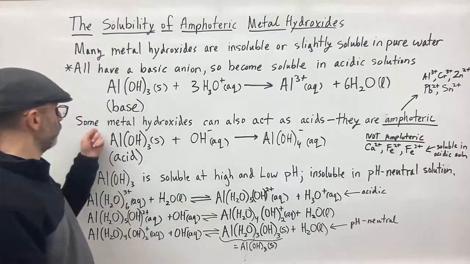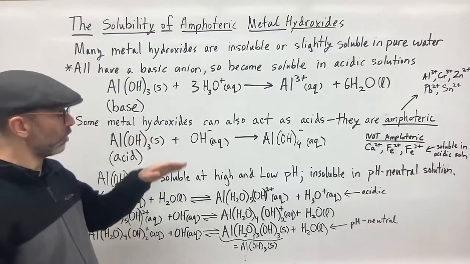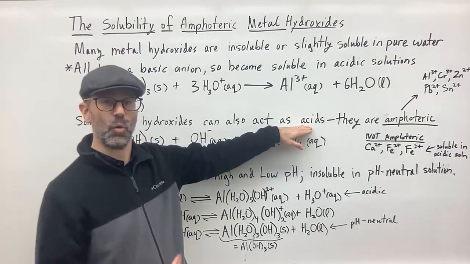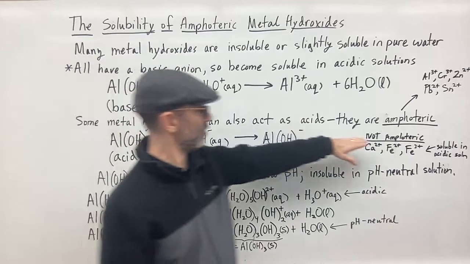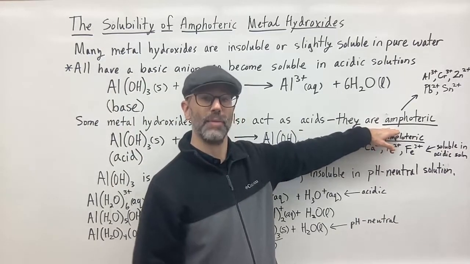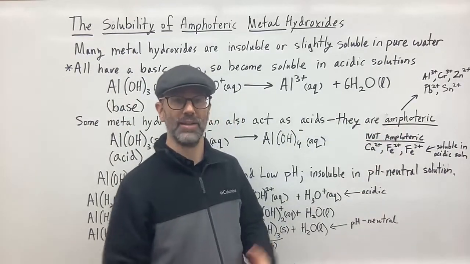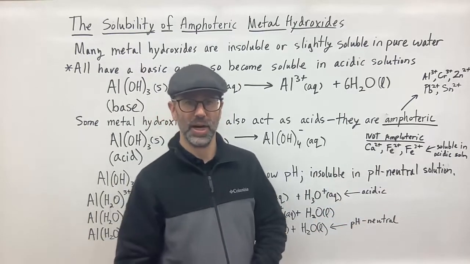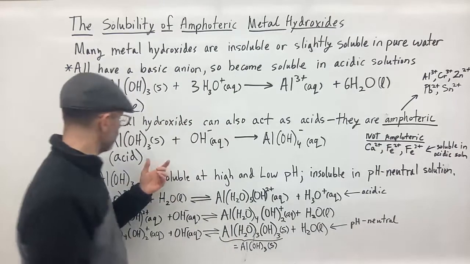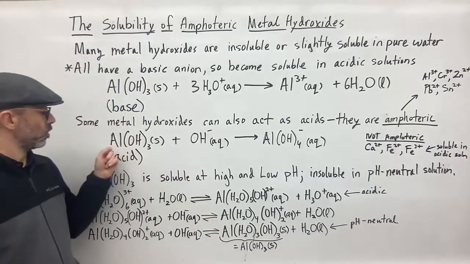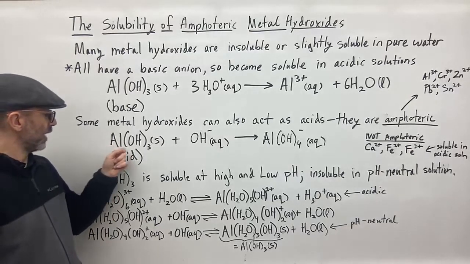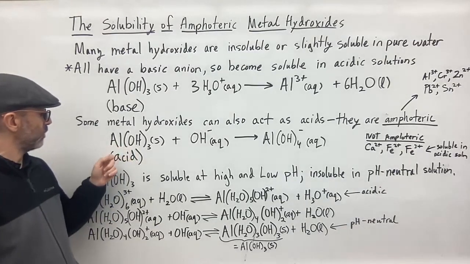But there are also some metal hydroxides that can also act as acids. So they can act as a base or an acid, and that means that they are amphoteric. So amphoteric means that a substance can act as a base in one context and an acid in a different context. So aluminum hydroxide is one of those. So aluminum hydroxide can act as an acid.